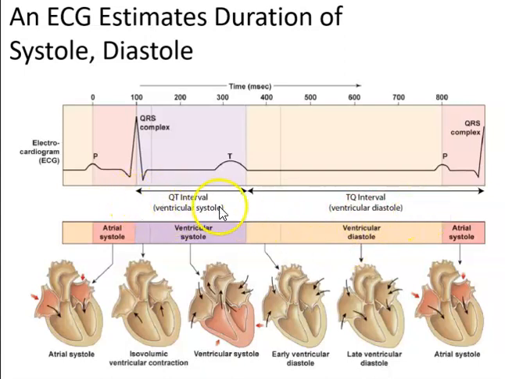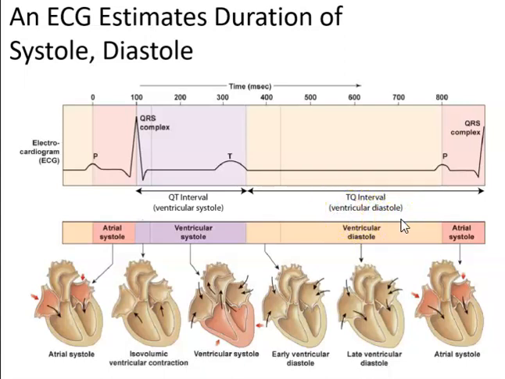So the QT interval, 1/3 of the time representing ventricular systole, we can actually see from 100 milliseconds to about 350 milliseconds. This is our QT interval. And then from 350 milliseconds to about 900 milliseconds, this is showing us our TQ interval, or when the ventricles are undergoing diastole.